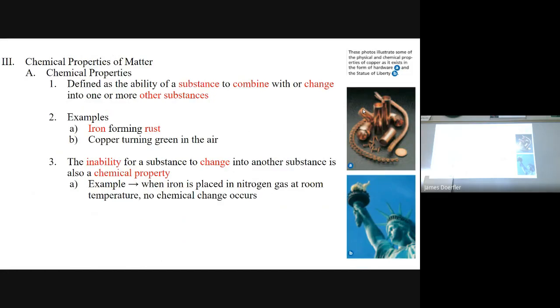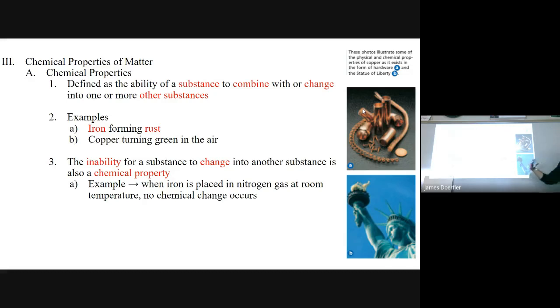So this gets us transitioned into chemical properties. Chemical properties are the ability of a substance to combine with or change into one or more substances. Key word when we're talking about chemical properties is that word change into other substances. I guess that's multiple words. But change is really what I was emphasizing.